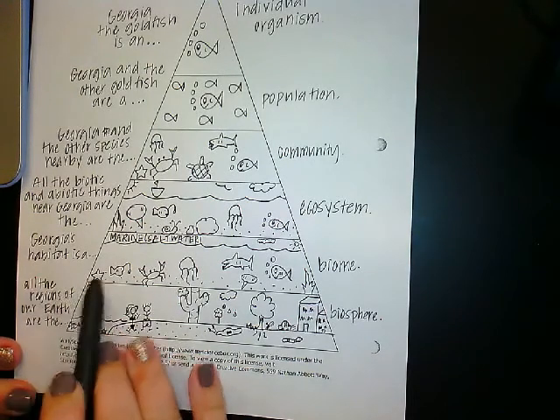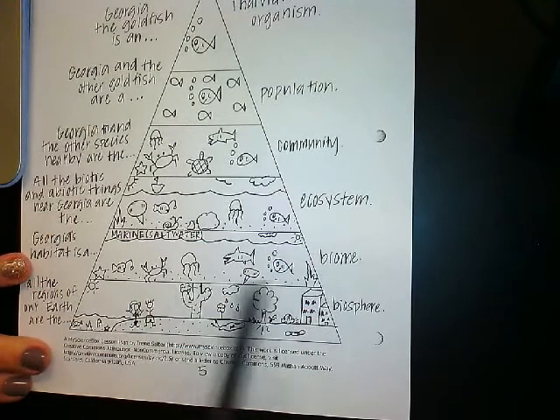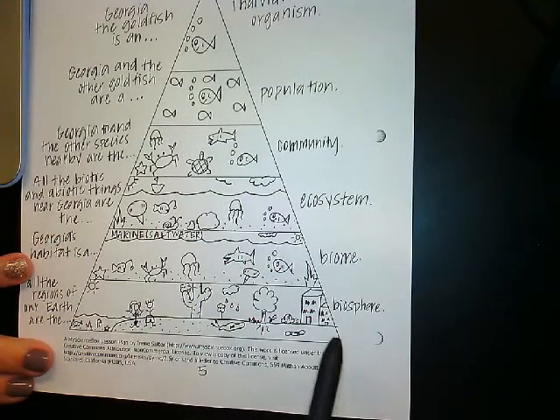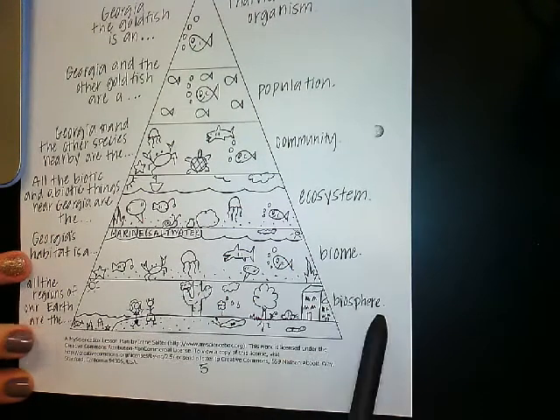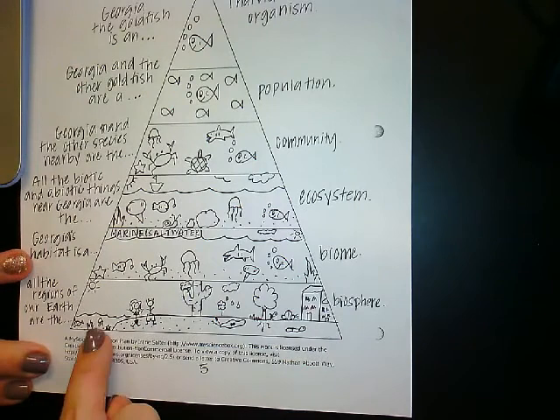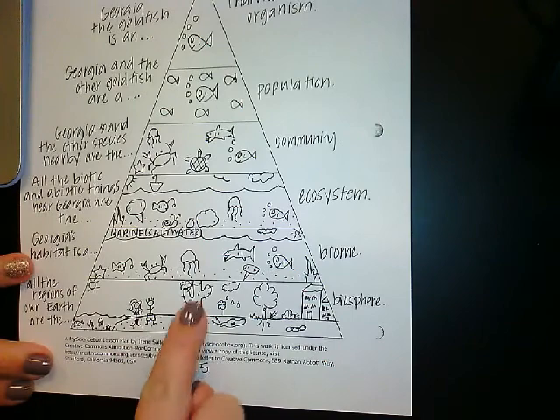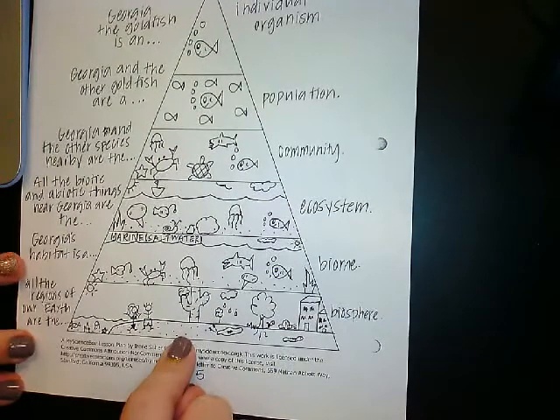A biome is a very specific area determined by its temperature or climate, things like rainfall annually, and also the animals that live there and the types of plants that grow. That biome fits into our biosphere. So biosphere is the bigger picture. It's everywhere on Earth.